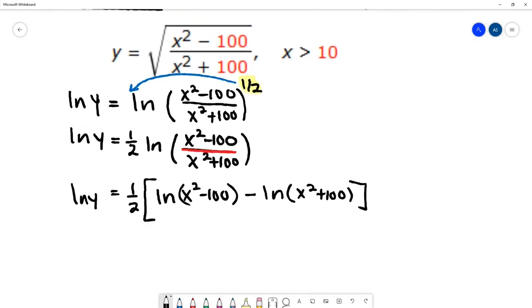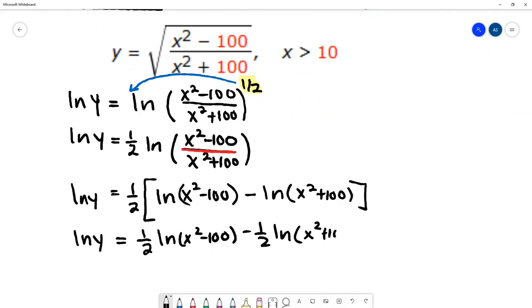I'll distribute that 1/2 to both logs to get natural log y equals 1/2 natural log of x squared minus 100 minus 1/2 natural log of x squared plus 100.